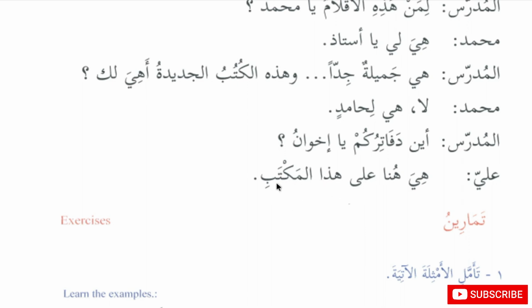This pronoun basically points to the noun, so we have to follow the grammar state. If this is in the majrur state, which it is, it doesn't get affected by how it looks, but this noun will. So here huna, it is on ala hadha al-maktab. It is on this desk. مكتب.